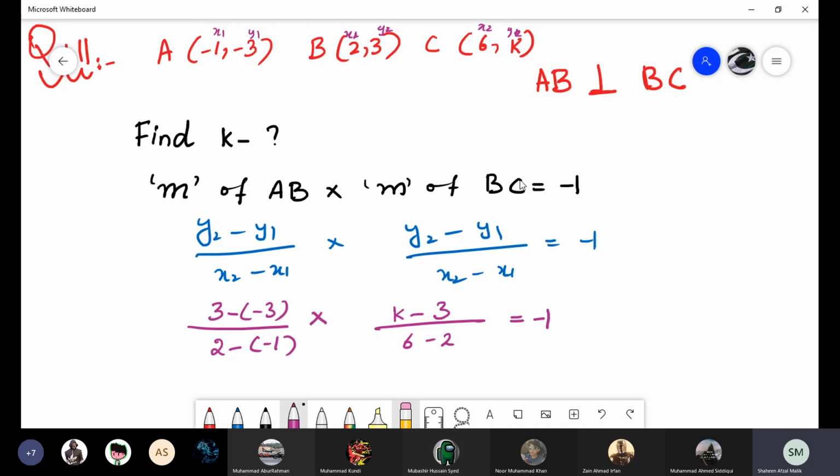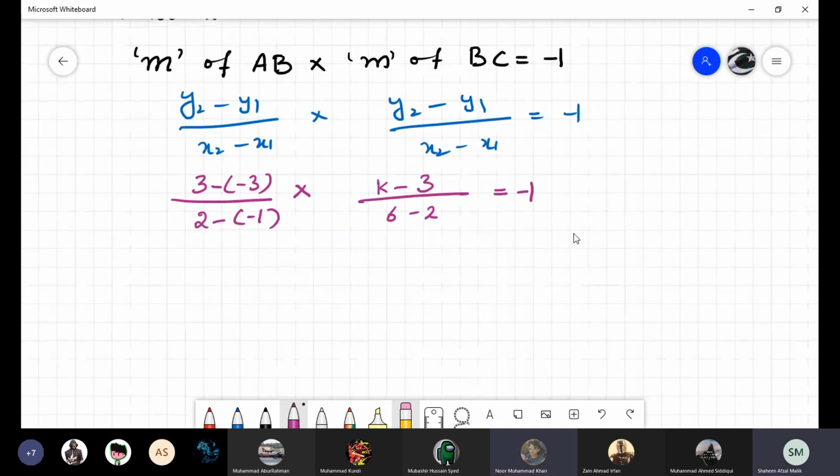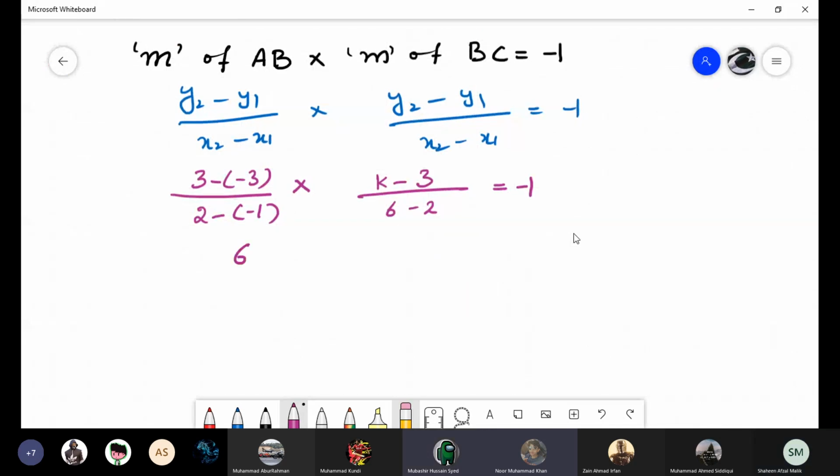Now simplify. 6 over 3 multiplied by K minus 3 over 4 is equal to -1.